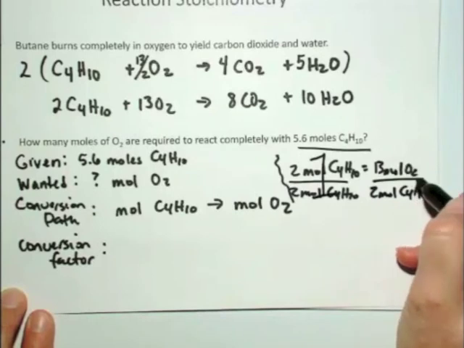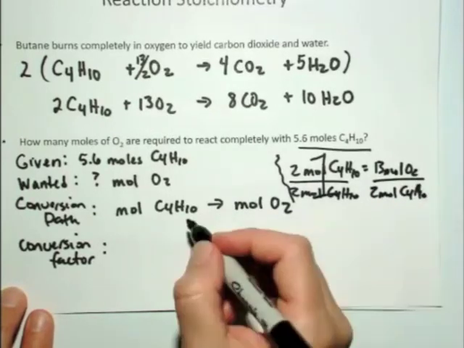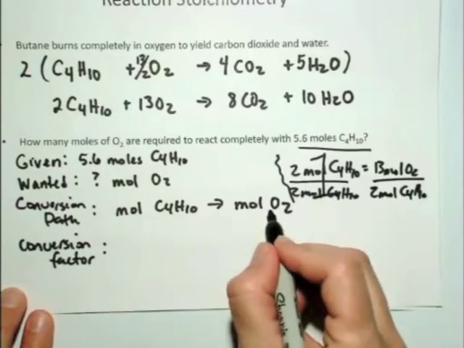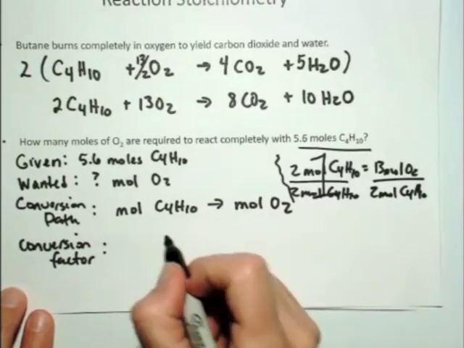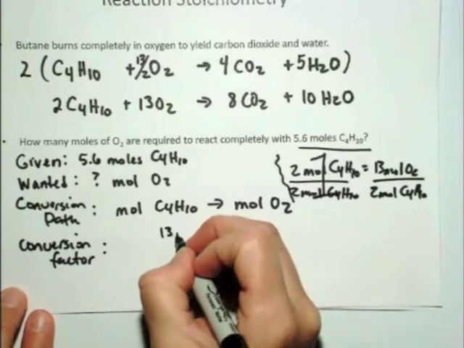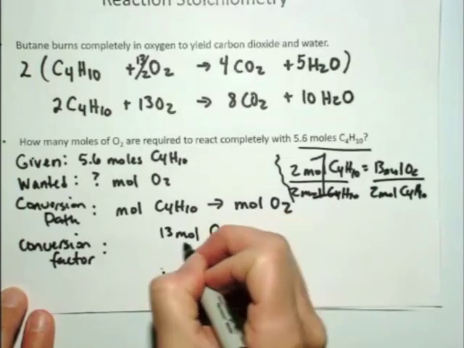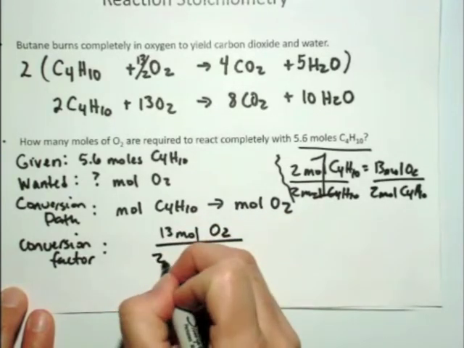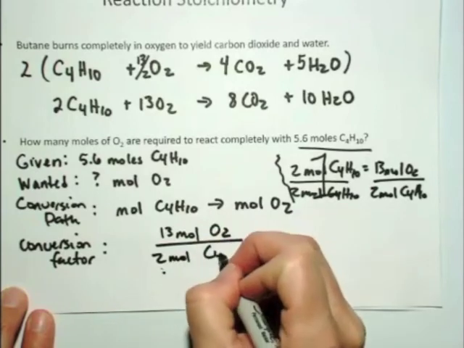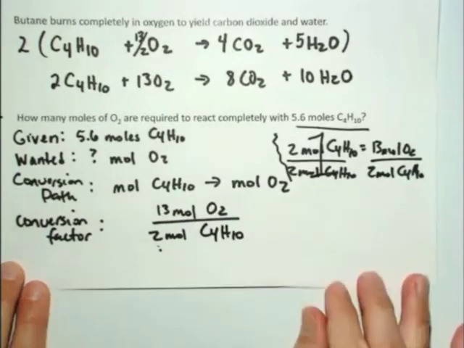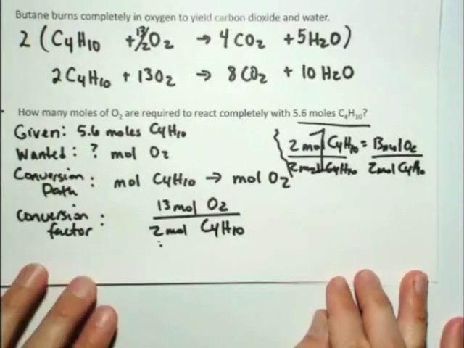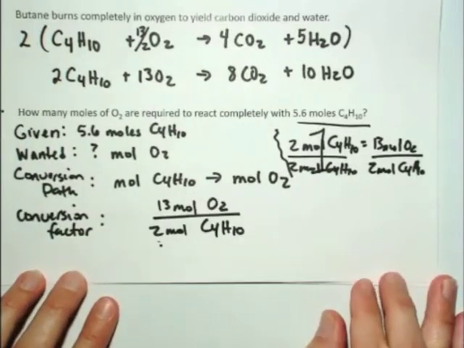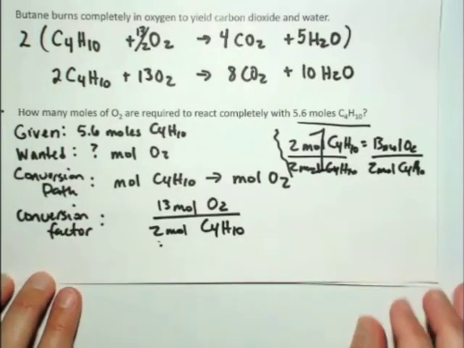So 13 moles of oxygen per 2 moles of butane is now a conversion factor that I can use in this conversion problem. So 13 moles of oxygen divided by 2 moles of butane is now a conversion factor or a unit factor because it comes from the equation, and the ratios are fixed in that chemical equation.